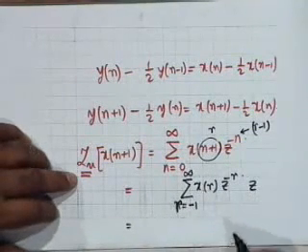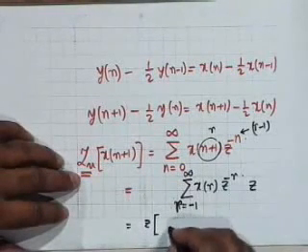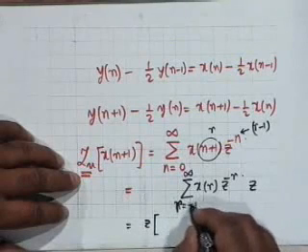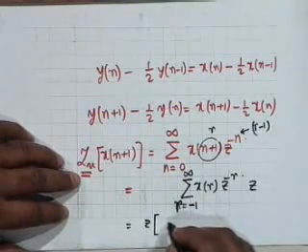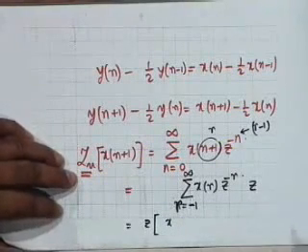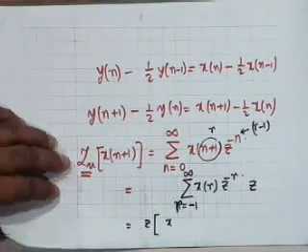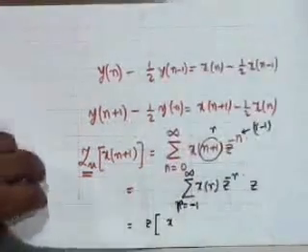Now this is equal to z times, you have to put r equal to minus 1, that's x of 0, minus x of 0. Separate out the r equal to minus 1 term.